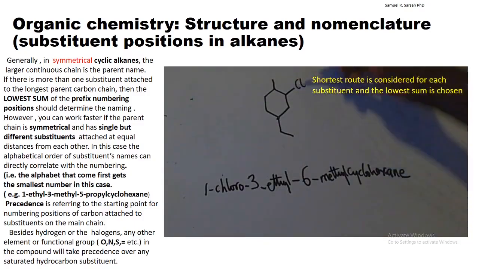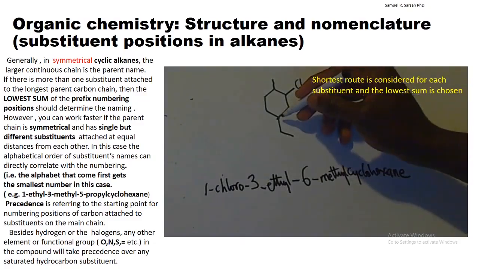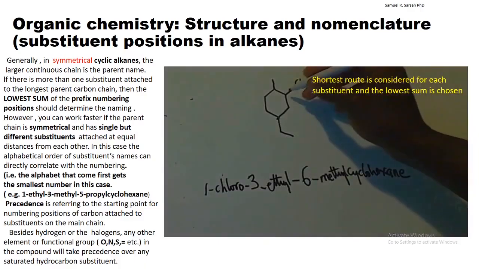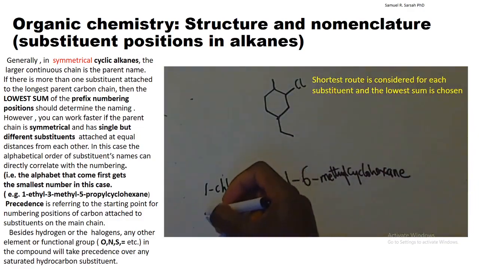So we can also start from here, it's carbon number 1, then count from here to here. So 1, 2, 3, 4. So over here the chlorine will be our carbon number 2 if you set this as our starting point. So you get 2-chloro.